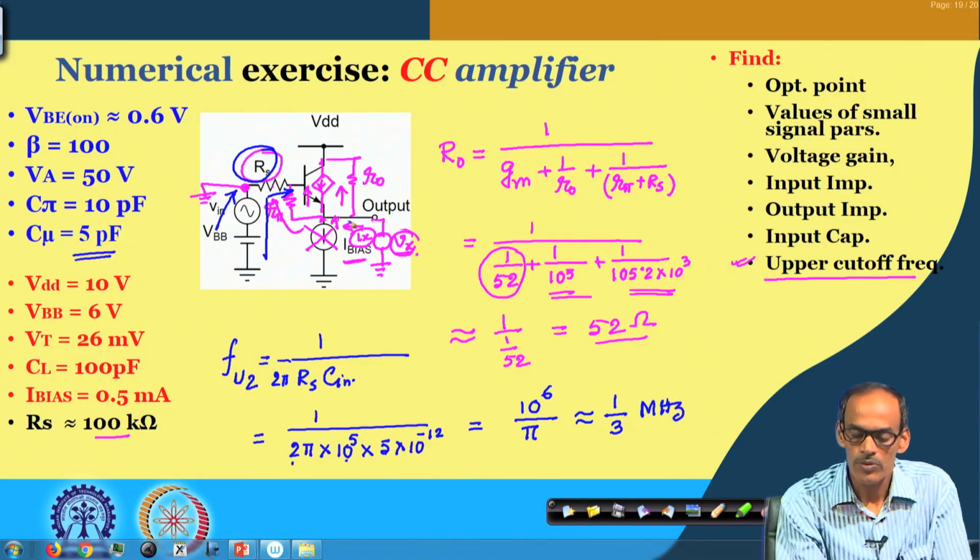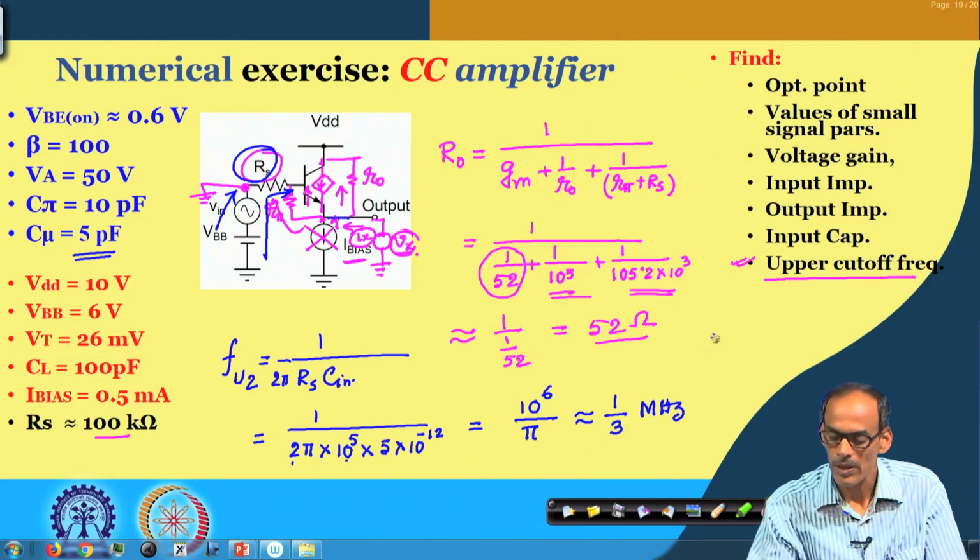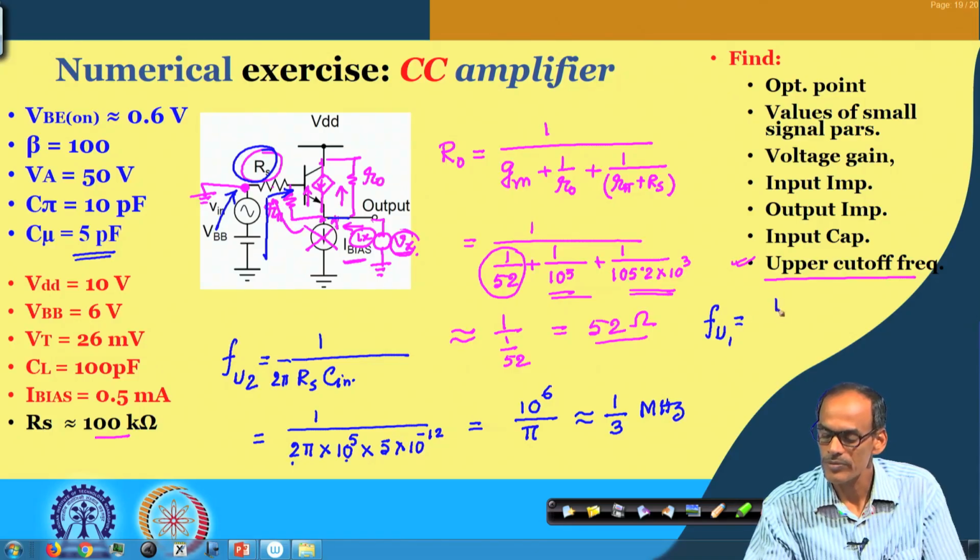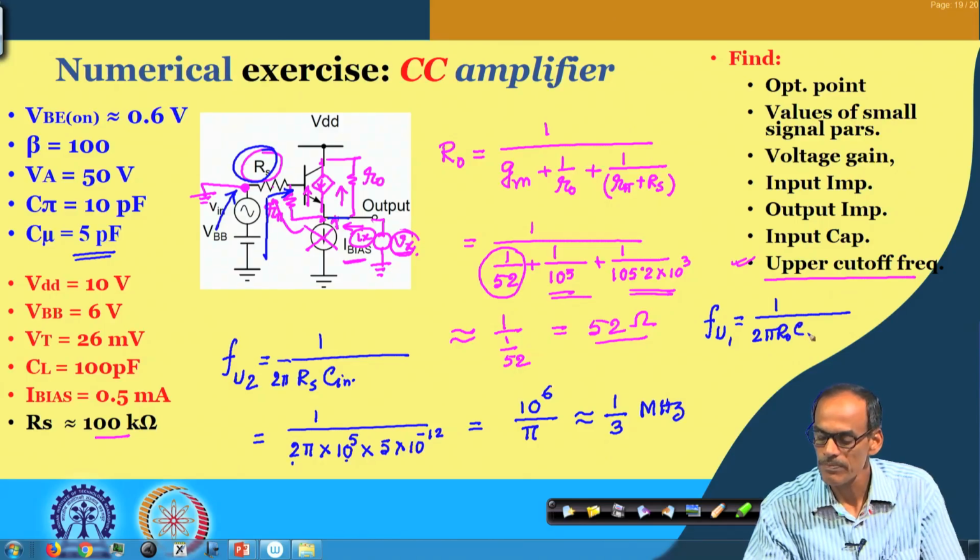Whereas the pole coming from the output node, if I call that fU1, which comes from the output resistance, 2 pi Ro and then CL, we have seen was approximately 30, in fact around 28 or something like that. So, 30 megahertz.